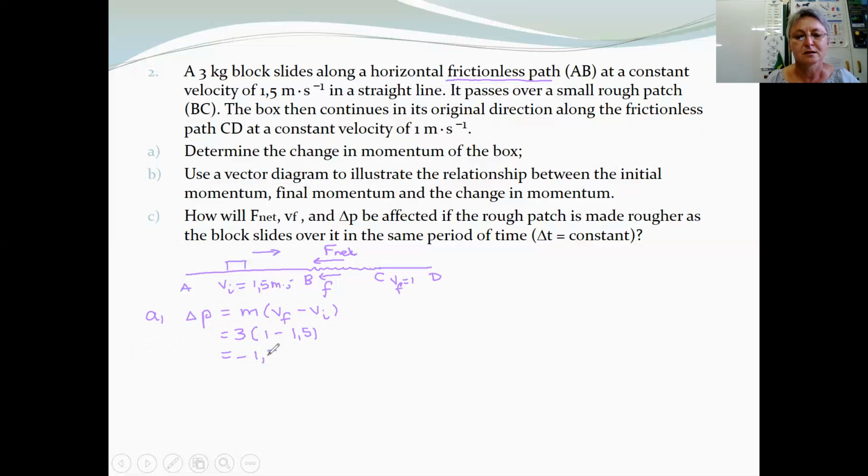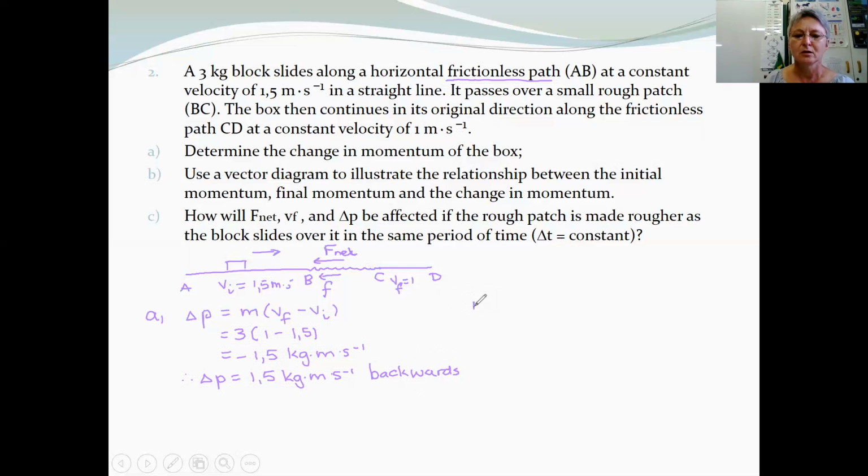It means that the change in momentum is backwards, opposite to the direction of motion. So it's kilograms meters per second. This change in momentum is a vector quantity, so we need to write it as a positive number with the direction included. I'm going to say backwards, but you can also say that it is in the opposite direction to motion.